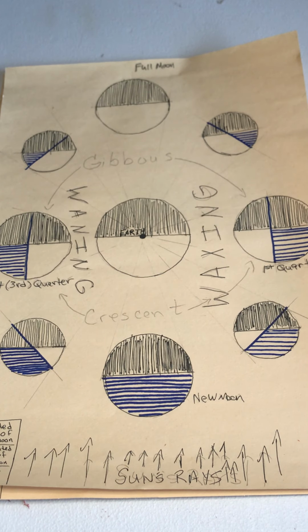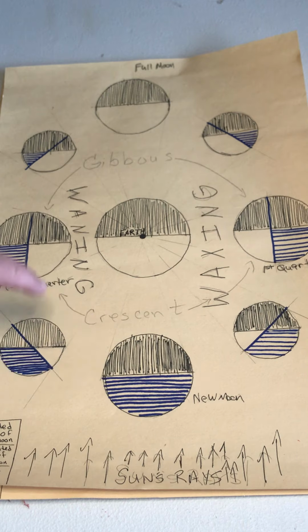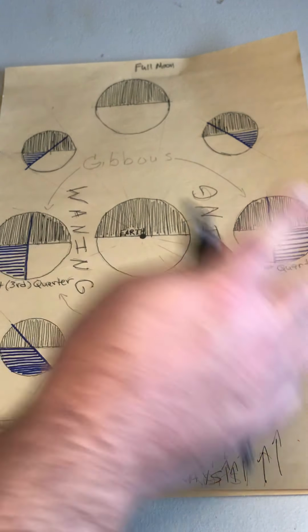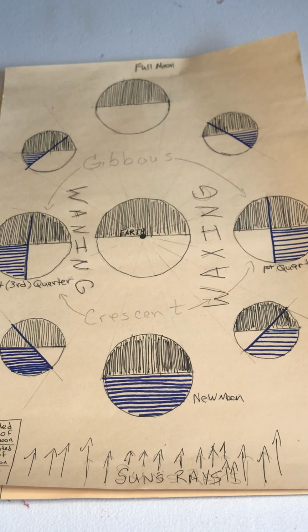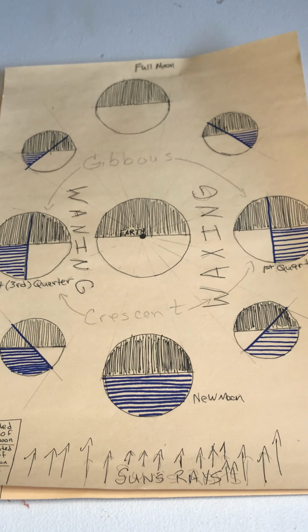Now, that shrinking light or that growing light, depending on which side it's on, is set up to help you recognize it in the sky. If you're looking at this from where the sun's rays are coming from, the right-hand side of the poster is waxing. If you're standing and watching the moon rise, and it's in waxing phase, the illuminated part of the moon is going to be on the right-hand side.